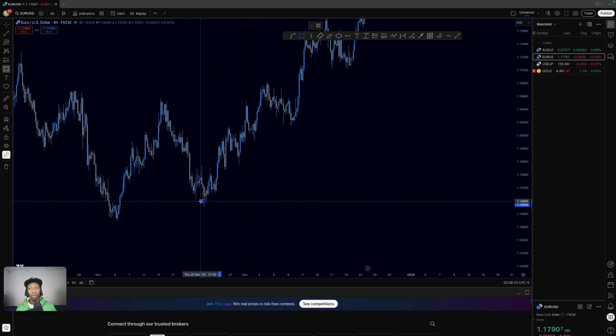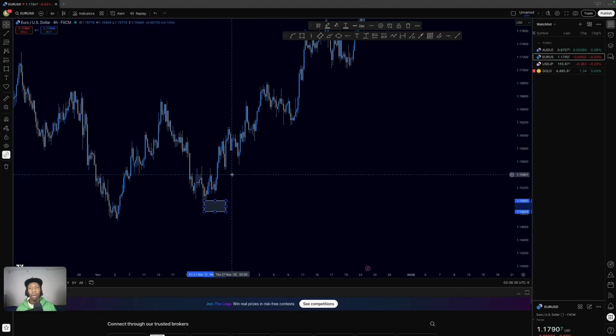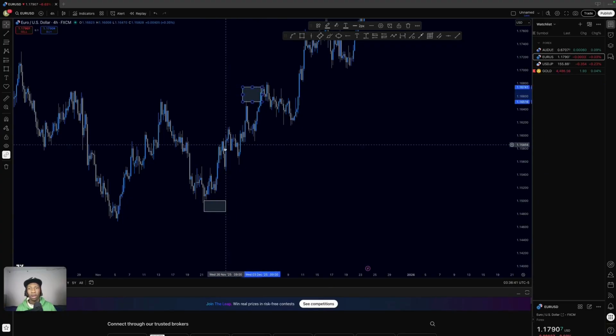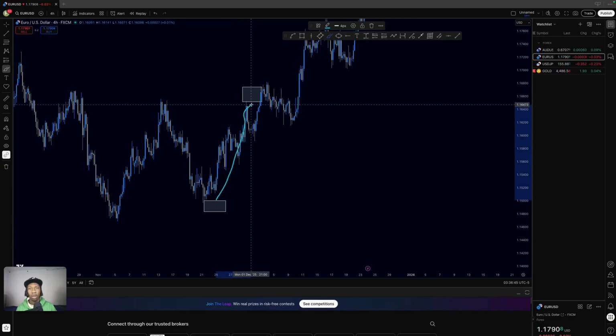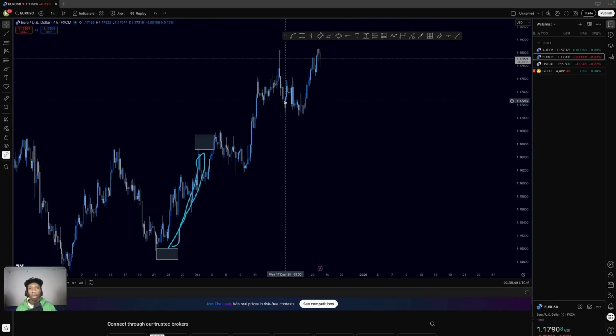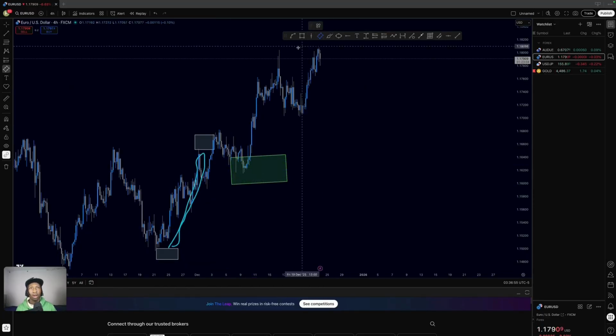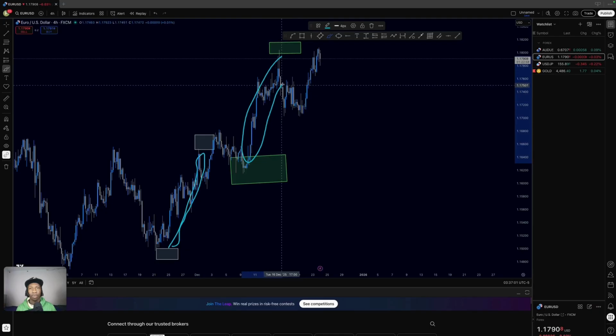You don't oppose the trend. So if the market is starting here and this is the highest point, you need to trade this area. If the market is starting from this area and then it ends at this area, you need to trade this area.